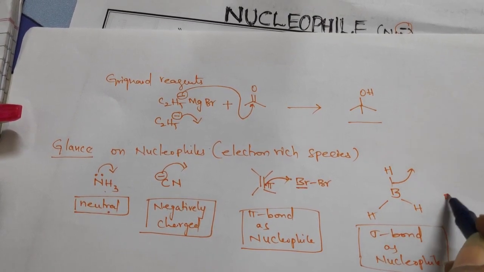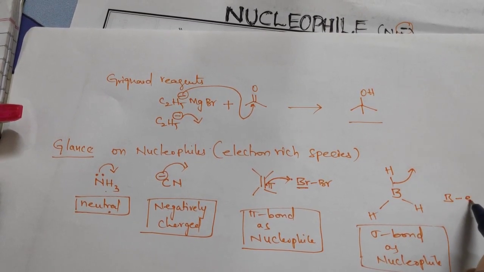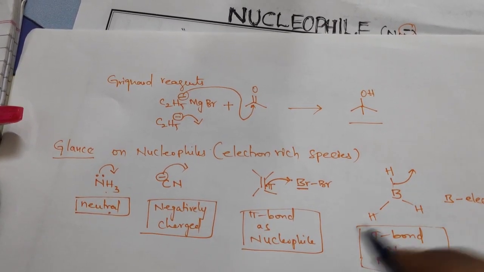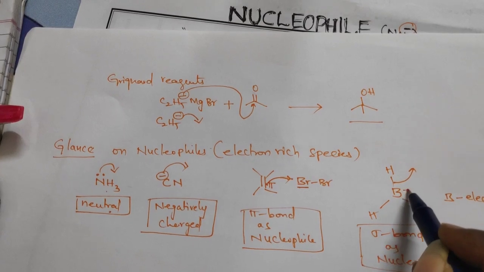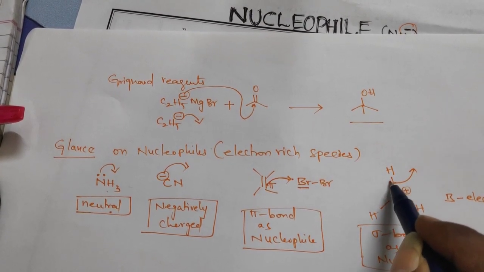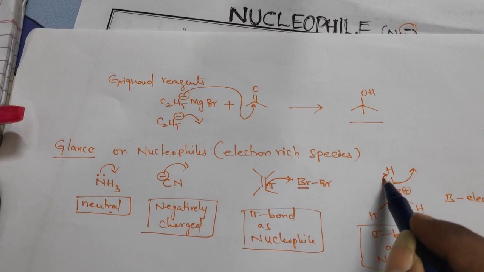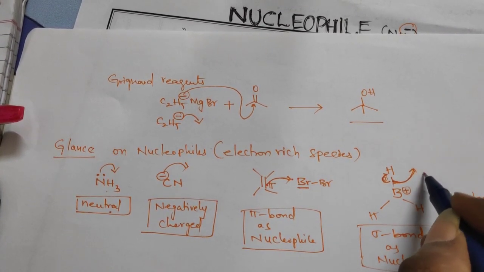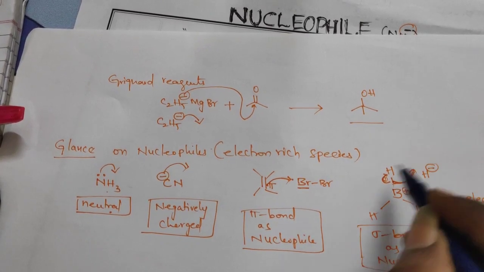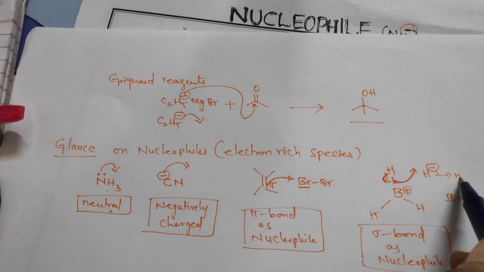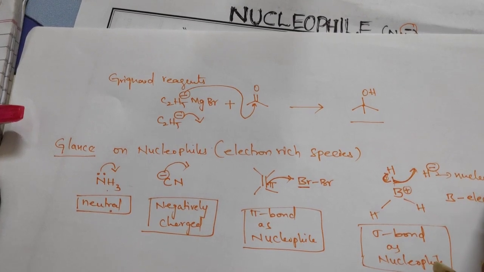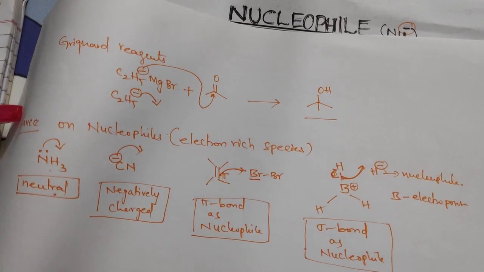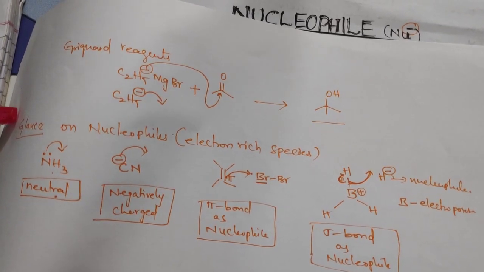Boron is more electropositive, so it remains positive and the electrons move towards the hydrogen, so the hydrogen leaves as a hydride ion, H minus. So H minus is a nucleophile. This is the small glance about nucleophiles.